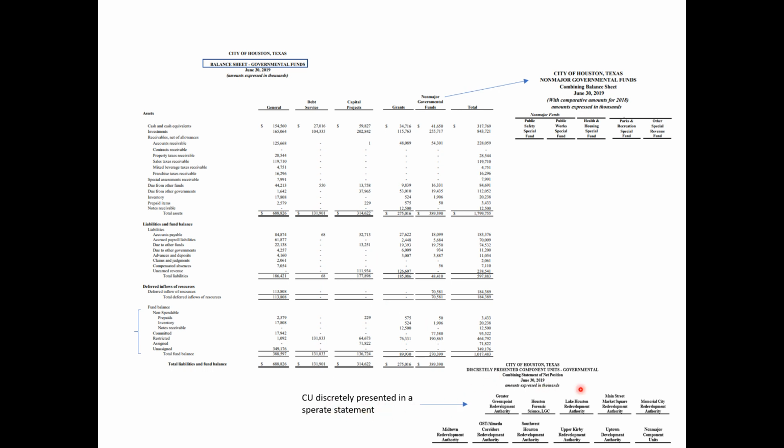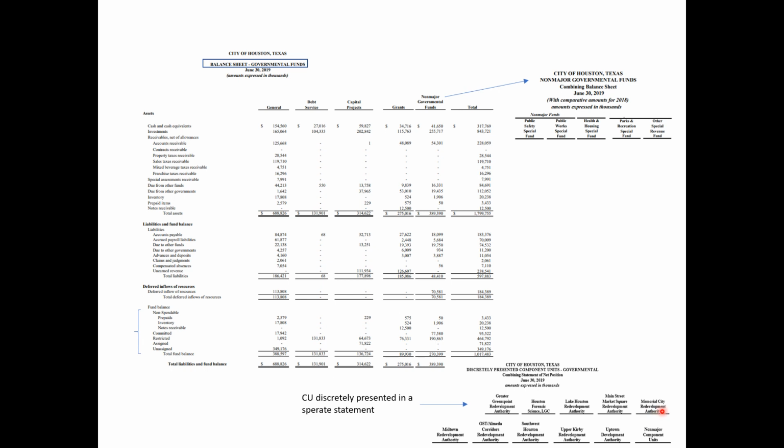So if you get City of Houston's CFR, you will find the detailed CU statement, and actually we can find a lot of the component units, right? Some of them we may see often, for example, the Memorial City Redevelopment Authorities.